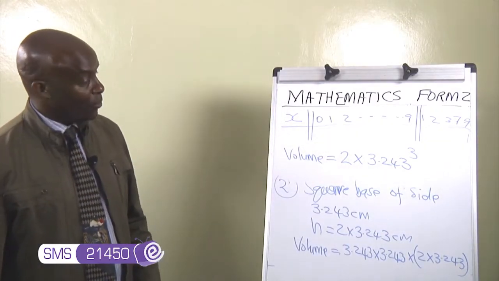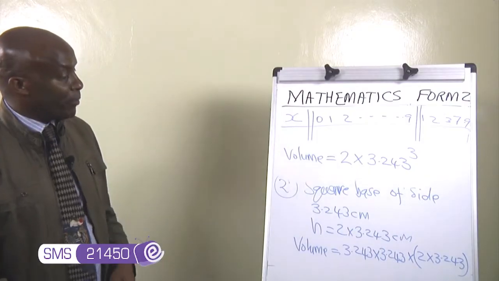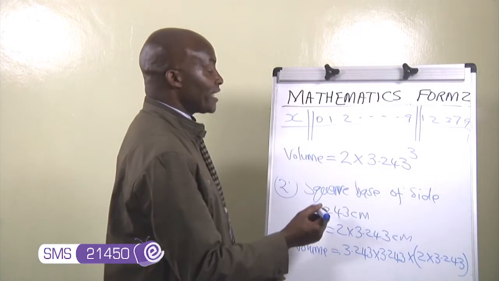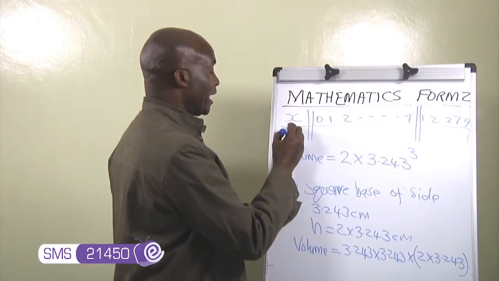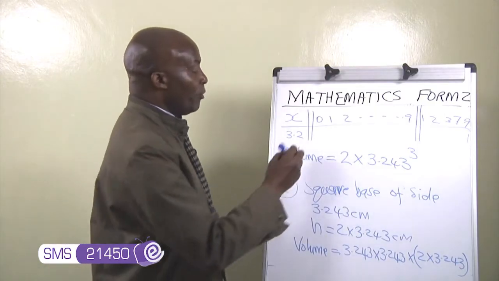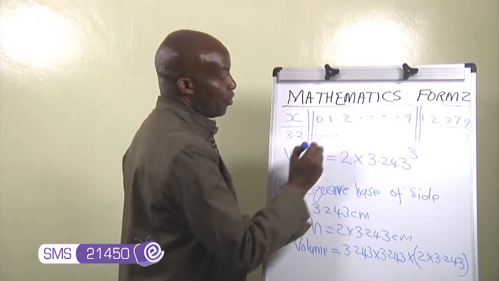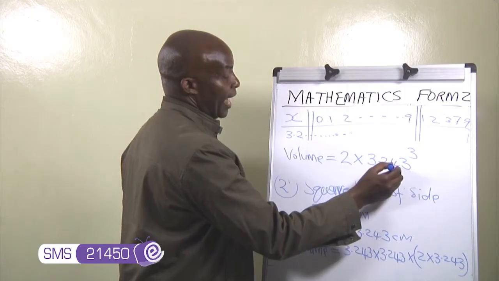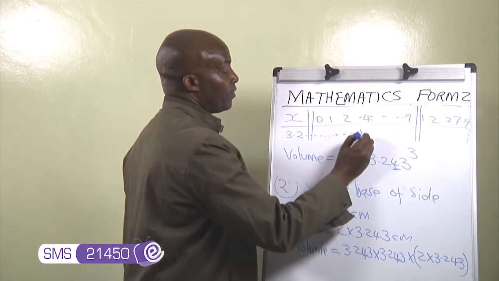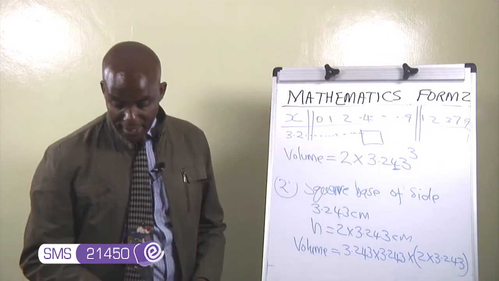And from there, we simply go to our cube tables and look for the cube. We go to column x and look for 3.2. Move along that row until we come under the third digit, main column 4. What number is there?